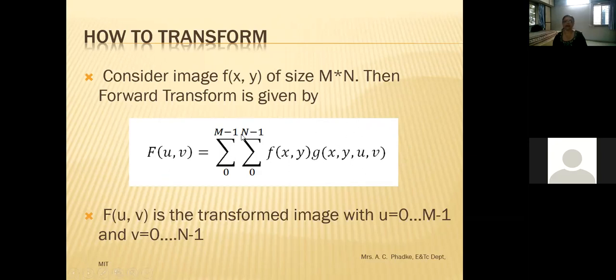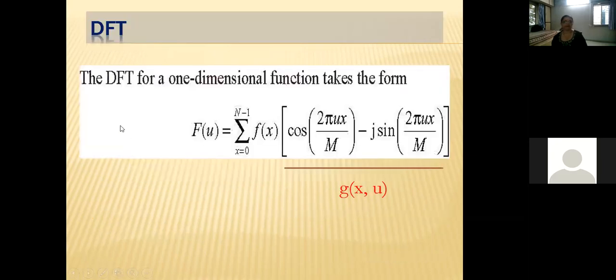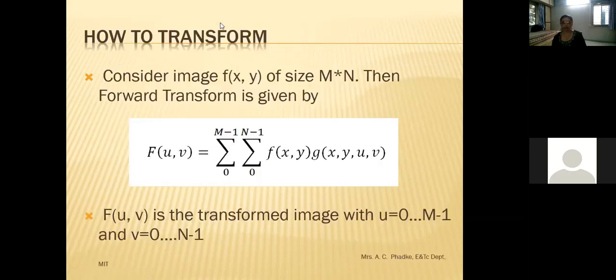Like m and n, u and v also vary from 0 to m minus 1 and 0 to n minus 1. So after transformation, the resultant image size in the frequency domain is the same as the original image size. According to this forward transformation kernel g(x,y,u,v), we get various types of transforms.